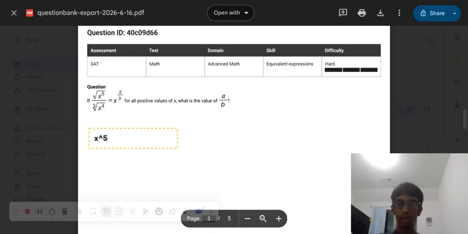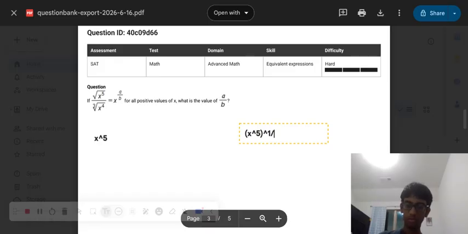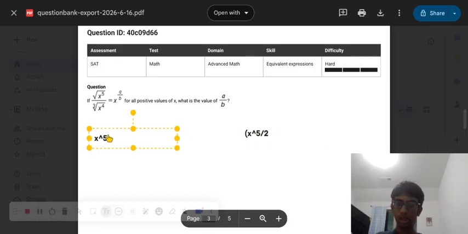So exponent rules state x to the 5th to the 1/2 is the same thing as x to the 5 over 2. Similarly, we can do the same thing to our denominator, and we get x to the 4 over 3.